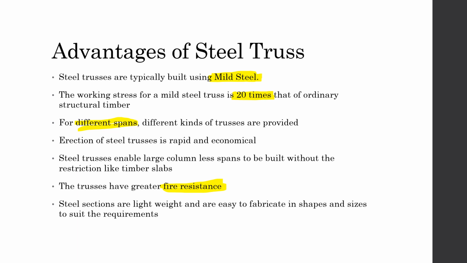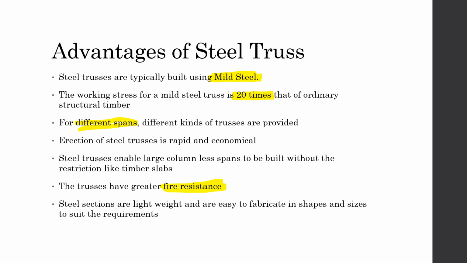So unlike timber, you can fabricate the structures as per your need, in whatever shape, size or properties you want. Customizable materials are the ones in demand, and that is one of the biggest advantages of steel trusses.